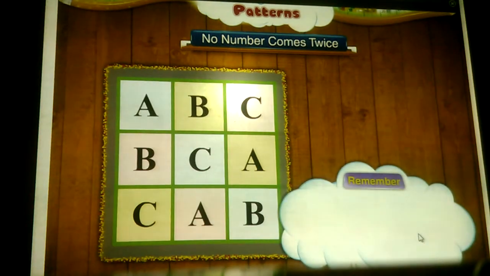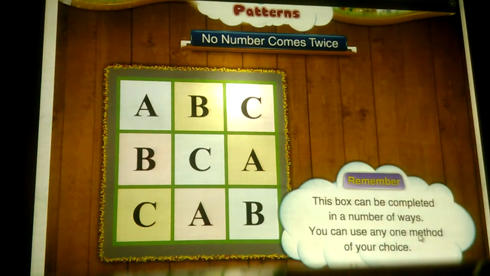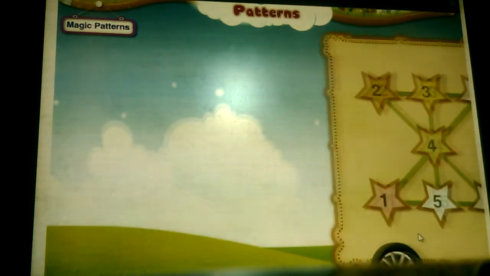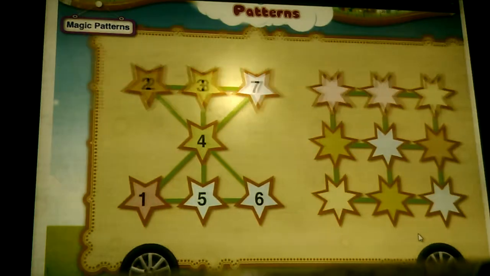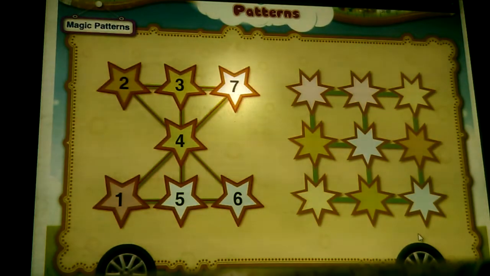Remember, this box can be completed in a number of ways. You can use any one method of your choice. Magic patterns. Look at the pattern shown here.